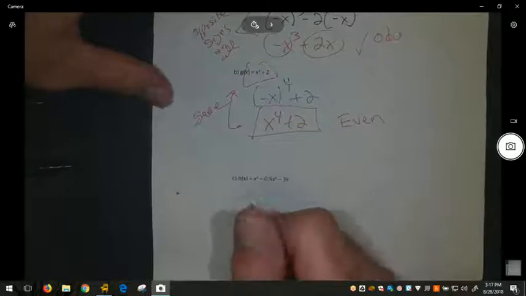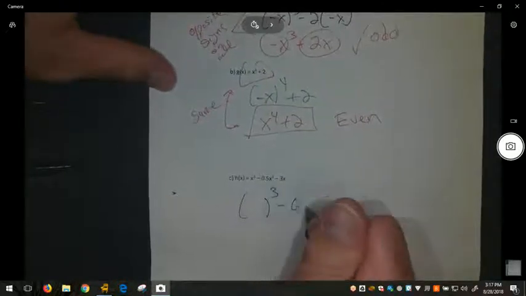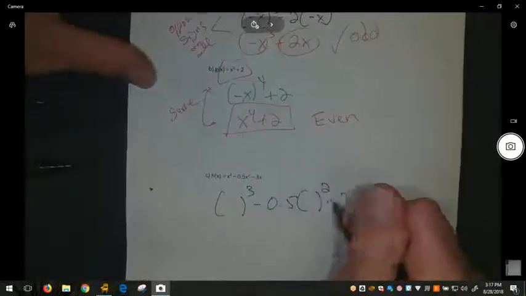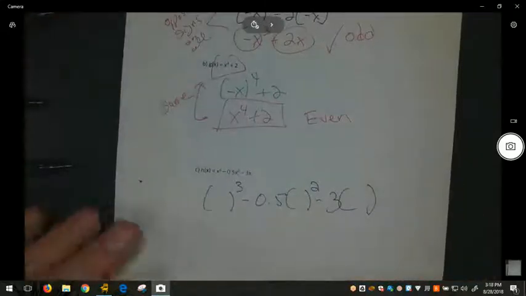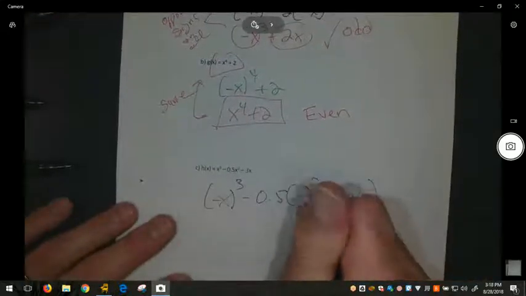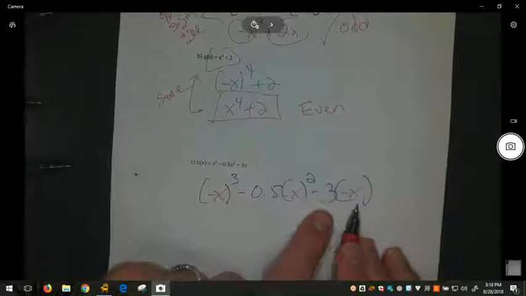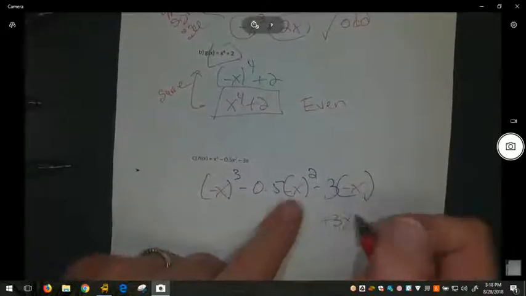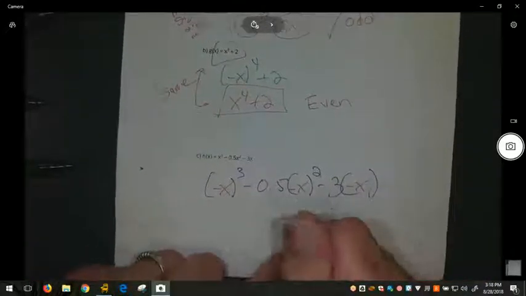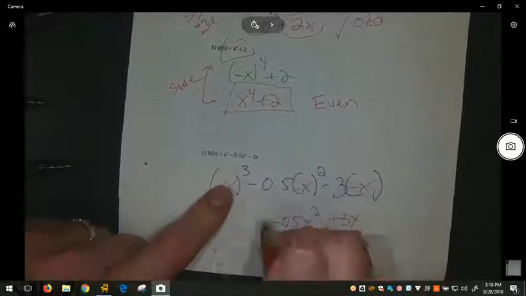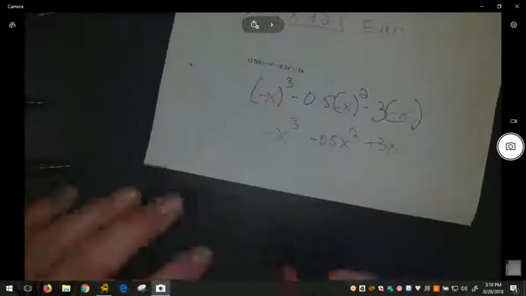And then our last one, I'm going to do the opposite of x cubed minus 0.5 times the opposite of x squared minus 3 times the opposite of x. Here, the sign will change, making it positive 3x. Here, it will stay negative 0.5x squared, and here it will become the opposite of x cubed.